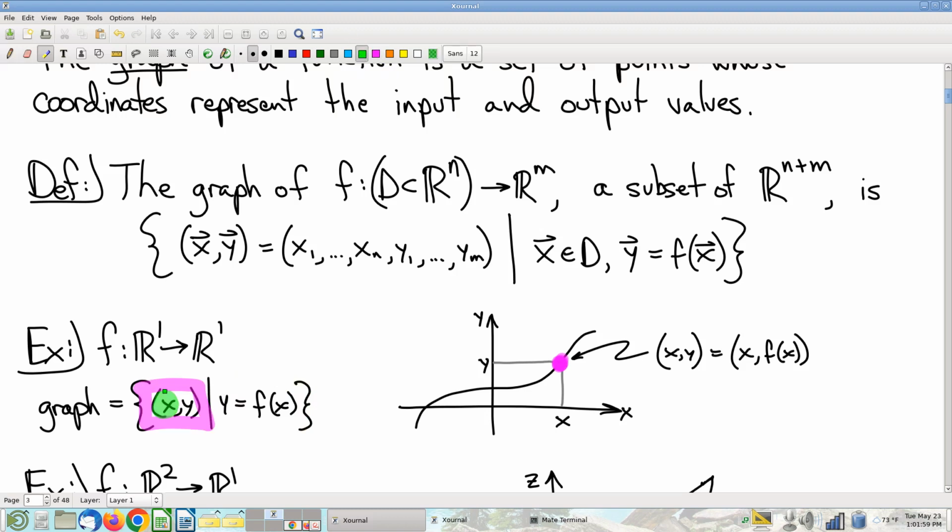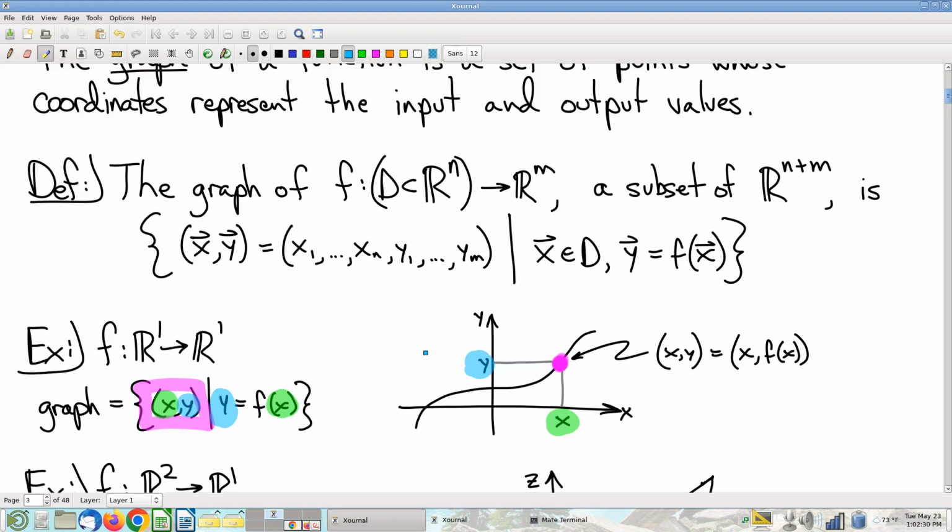The first number in that ordered pair is the input value, which we're going to represent here as the horizontal coordinate. The second coordinate in that ordered pair is the corresponding output value. The output value we typically represent as the vertical coordinate.